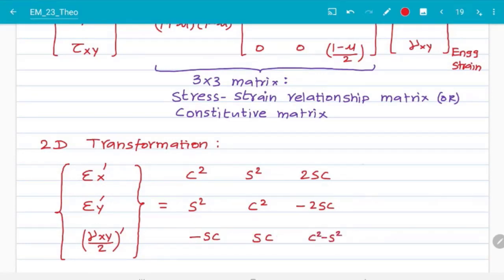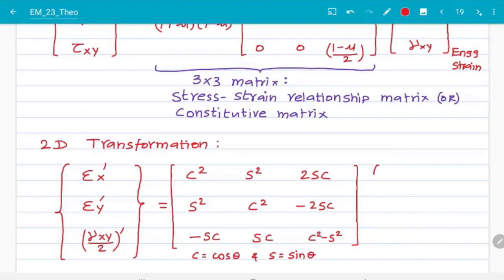Right. This is the 2D transformation matrix. C means cos theta, S means sin theta.